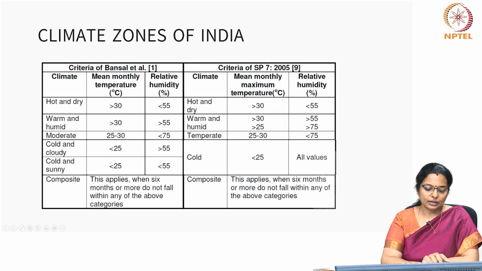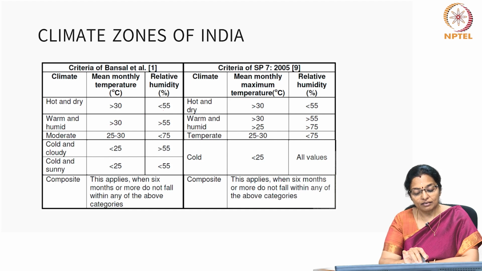According to Bansal, the hot and dry climate has the mean monthly temperature greater than 30 degrees centigrade with a relative humidity of less than 55%. That's the same for SP7 too. For warm humid, the mean monthly temperature is greater than 30 and the relative humidity is also greater than 55, which means it's very hot and humid also.